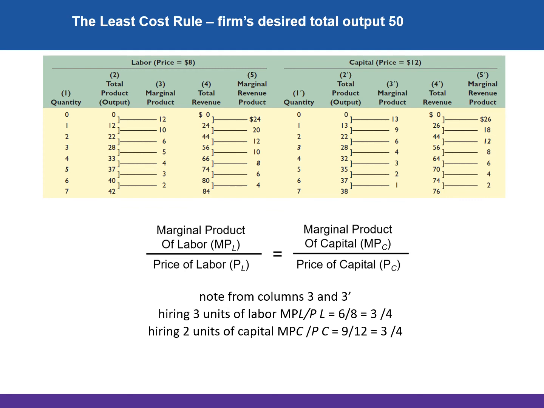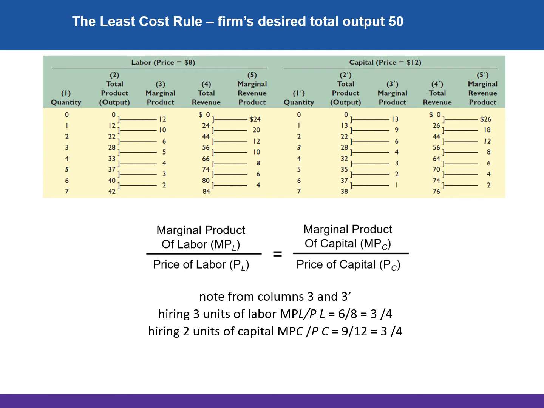Now, a good question you might be asking yourself is, how do we know that if the firm hires 3 workers and utilizes 2 machines, they will produce the desired level of 50 units of output? We'll look at total product in column 1 and total product in column 1 prime.